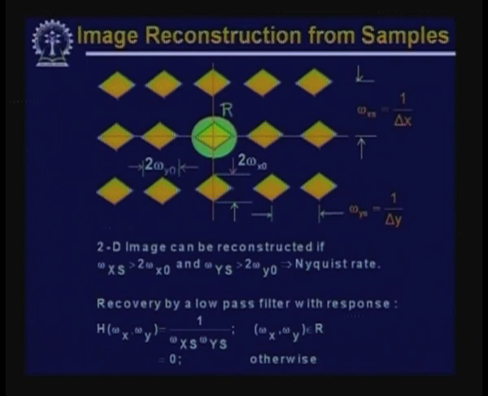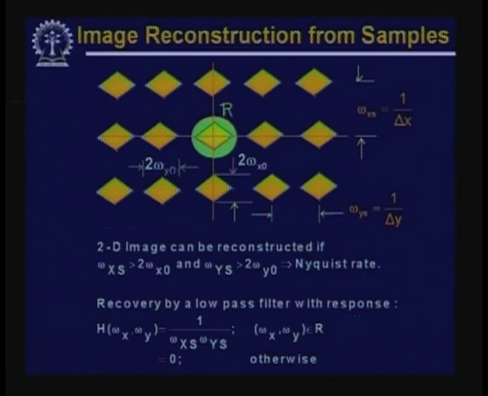If we pass this through a low pass filter whose response is h omega x omega y equal to 1 upon omega x s into omega y s for omega x omega y in the region R, where region R just covers this central band, and equal to 0 outside this region R.